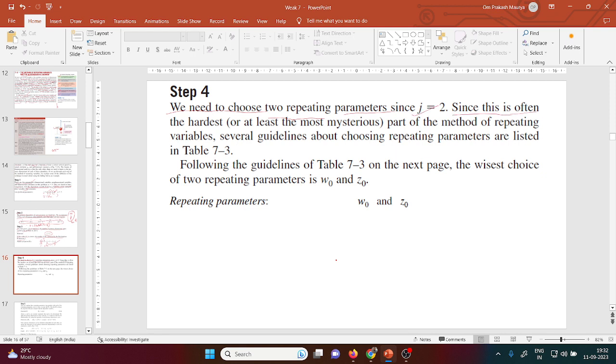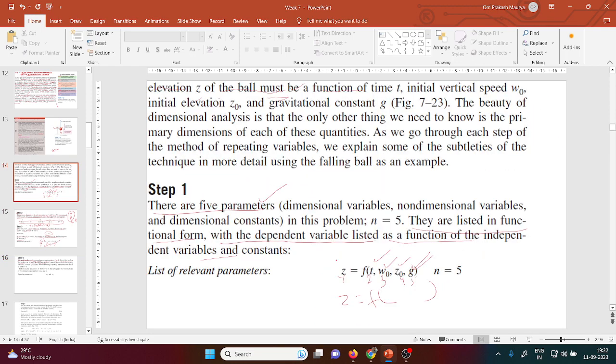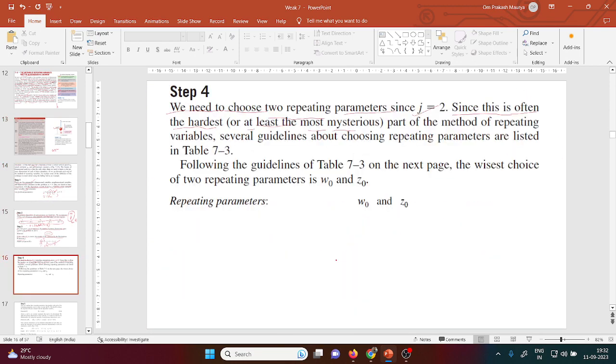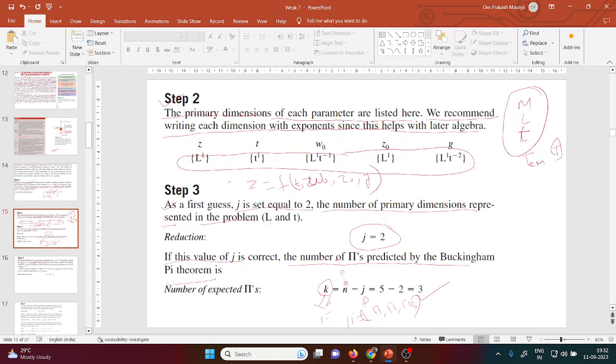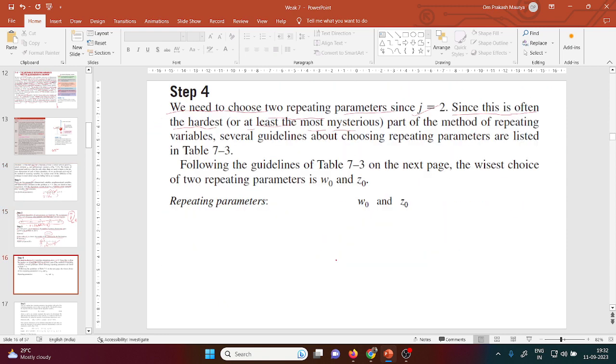Since this is often the hardest part, because which parameter we select is very difficult, or at least the most mysterious, a table is given for this. I think I do not have the table, but for this example we'll follow the steps of how we select the two repeating parameters.